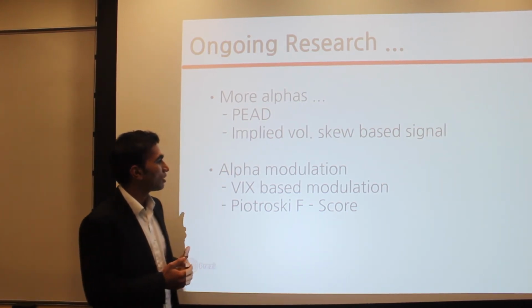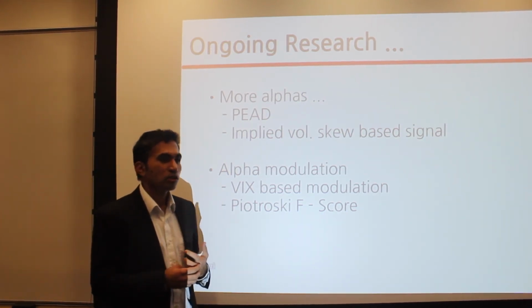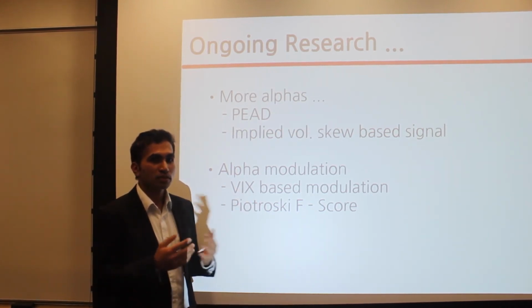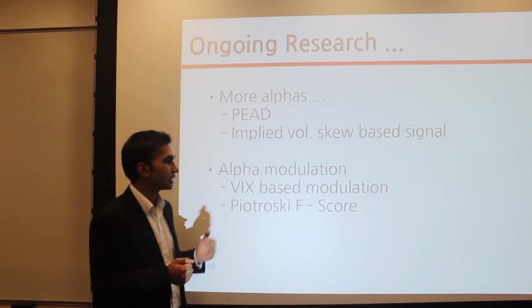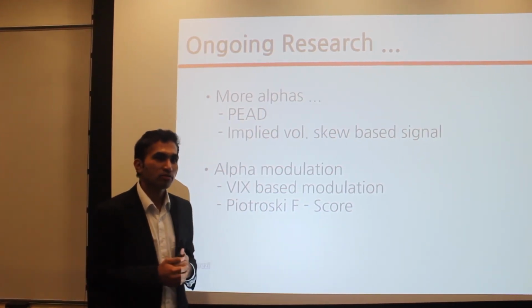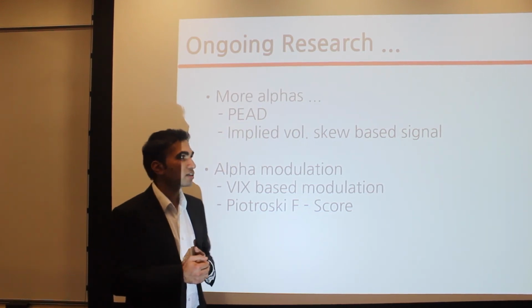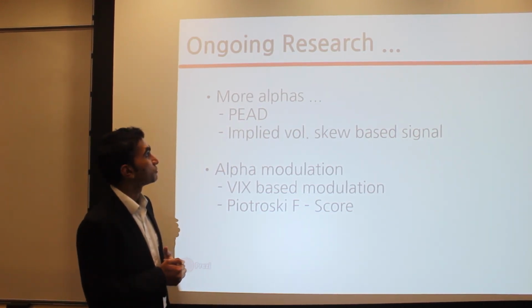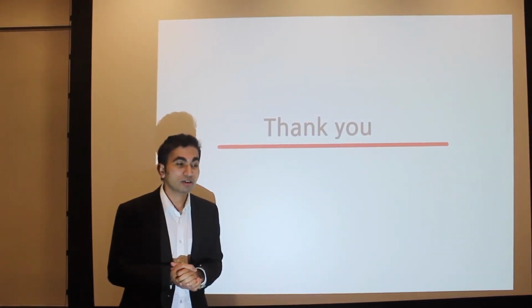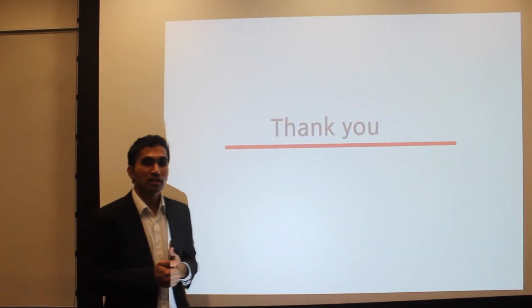We also have the Piotroski F-score, which is more like a quality signal for the fundamental alphas that we have. We think that if we use this to modulate our alphas, we can have a better risk-adjusted return.